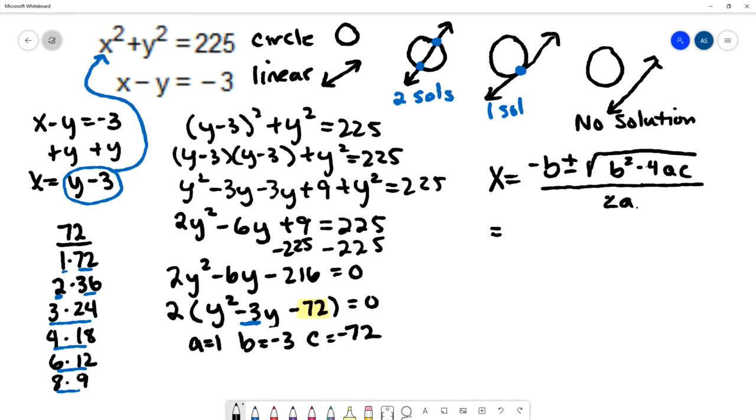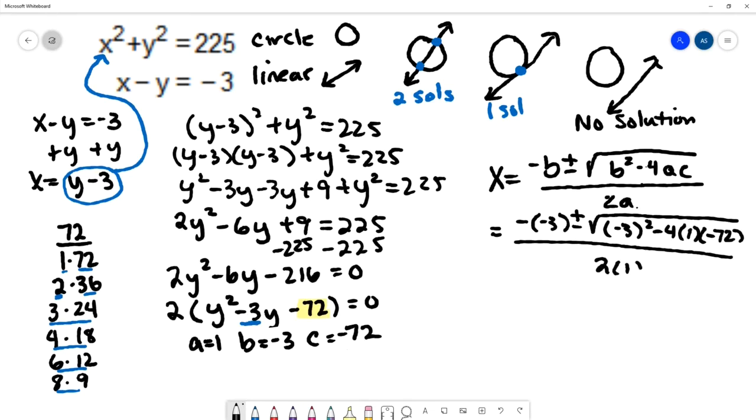So x equals -3 plus or minus the square root of -3 squared minus 4 times a, which is 1, times c, that's -72, all over 2 times 1. So we'll simplify. -(-3), that's a +3, plus or minus the square root. -3 squared is 9.